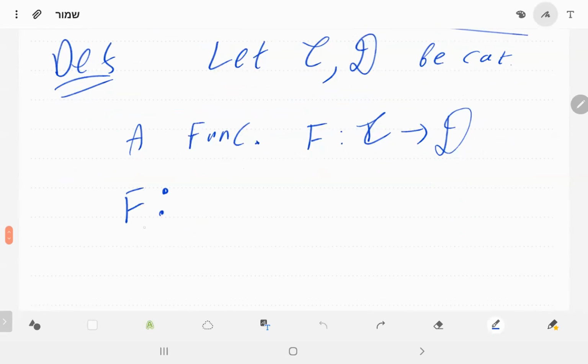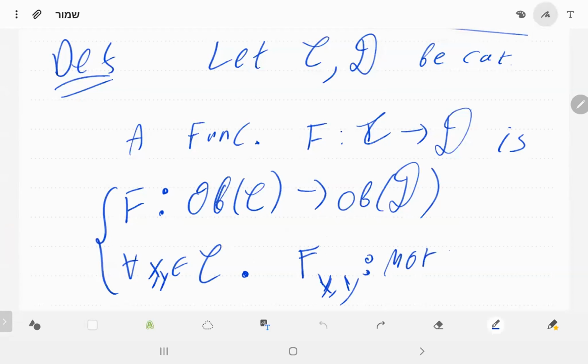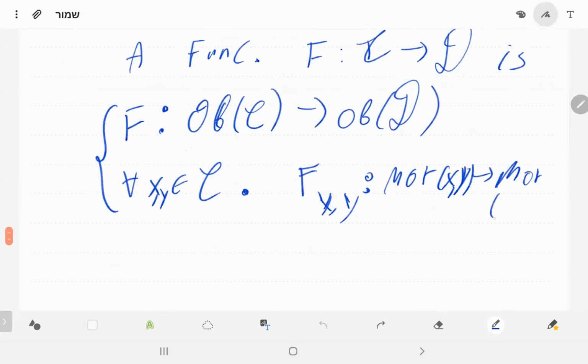It's the following data: F from objects of C to objects of D, and for any x and y in C, a map, let's call it F_xy, from Mor(x,y) to Mor(F(x), F(y)).